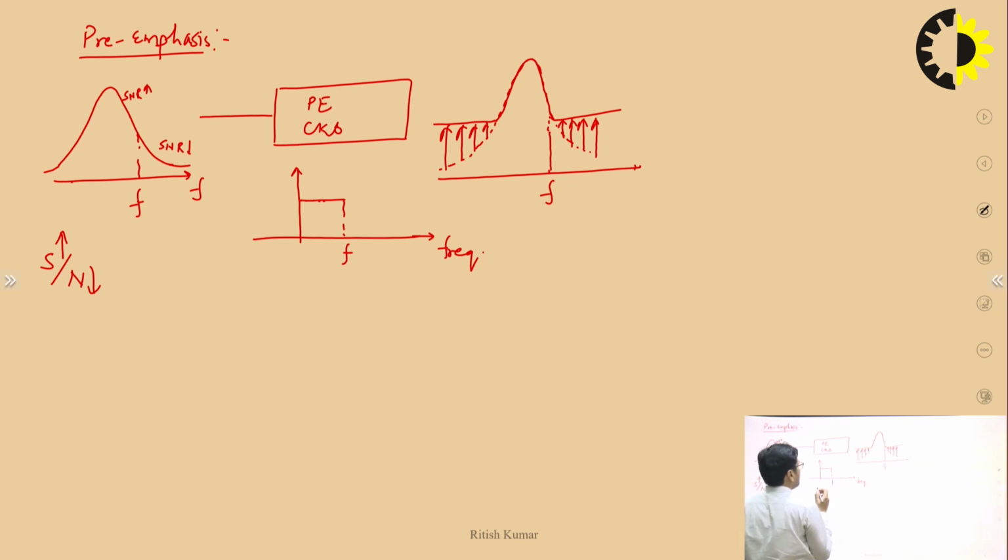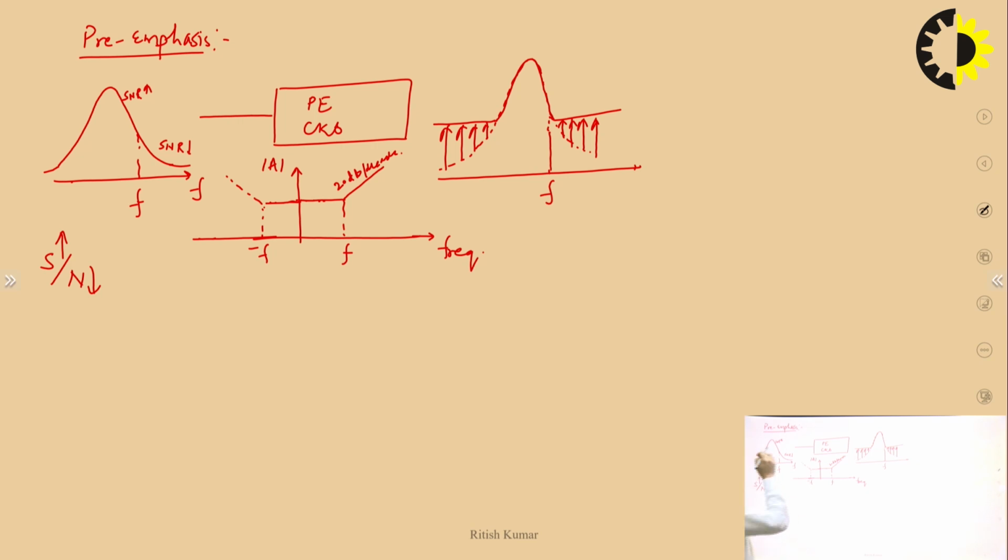That's why you have to increase the system response linearly, suppose 20 dB per decade, right? This should be the system response you need to have. This is the positive frequency, and if you make it like this, the negative frequency f, right?